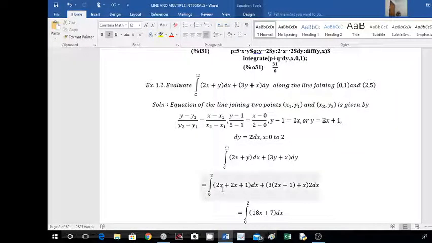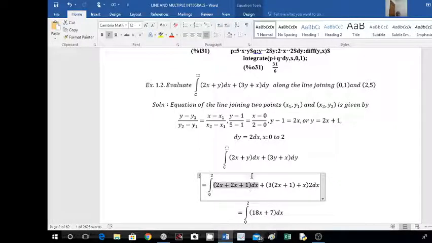This is equal to 2x plus y, which means in place of y I have to put 2x plus 1, and dx plus 3y plus x, that is 3 into y, 3y plus x into dy. What is dy? dy is 2 into dx.